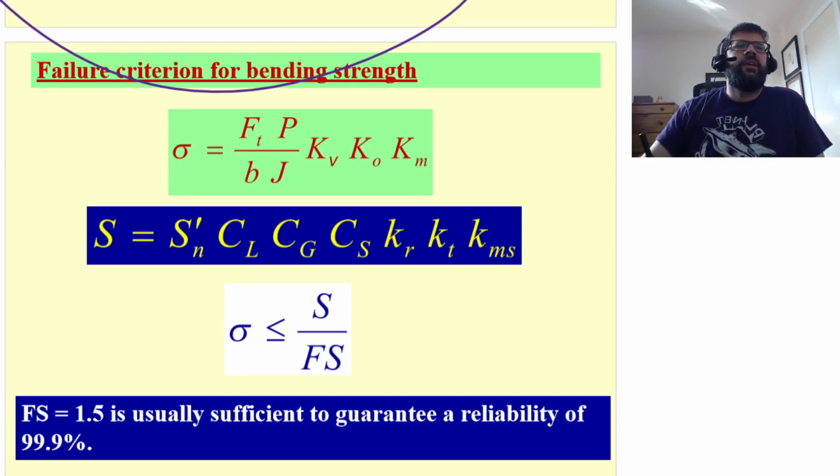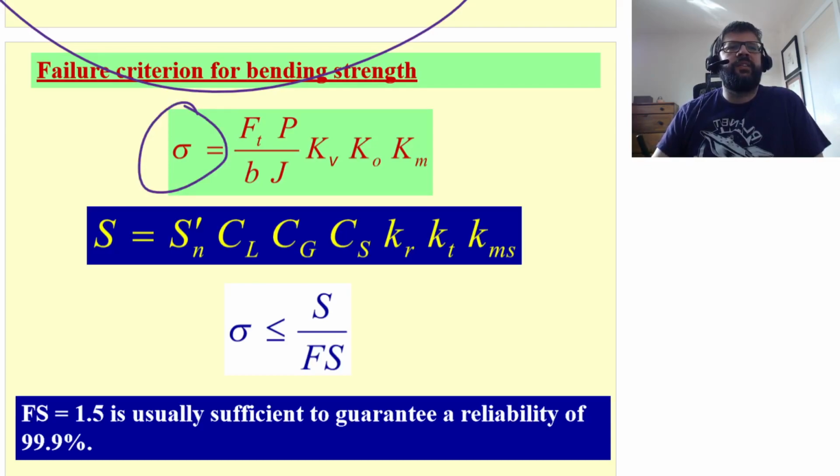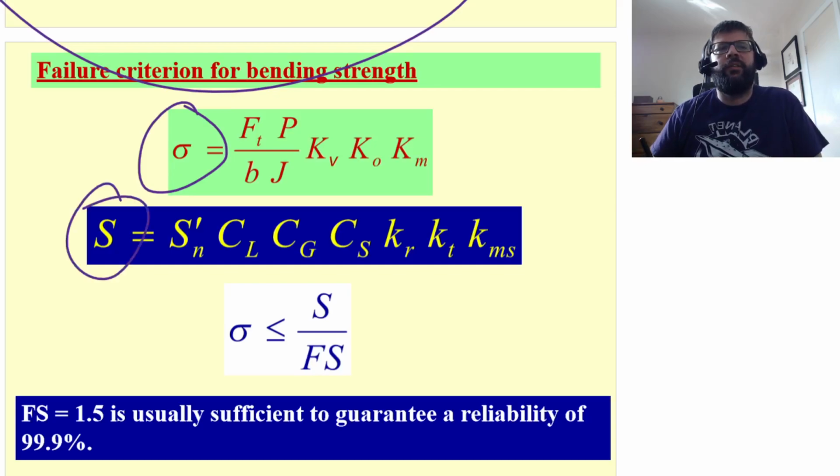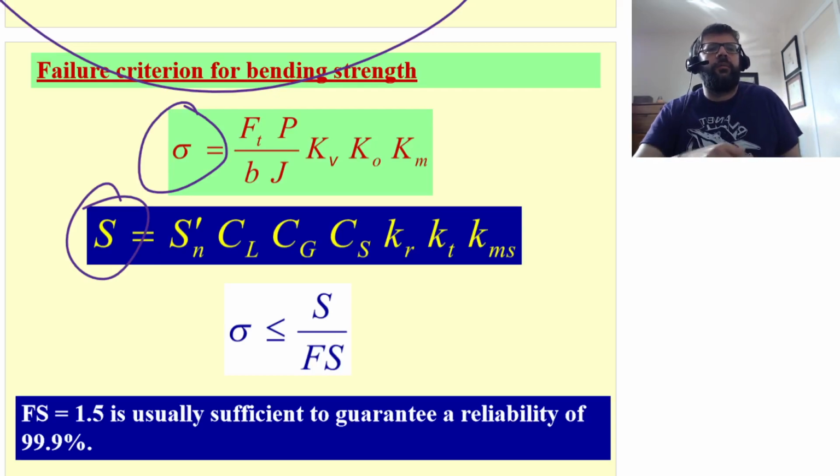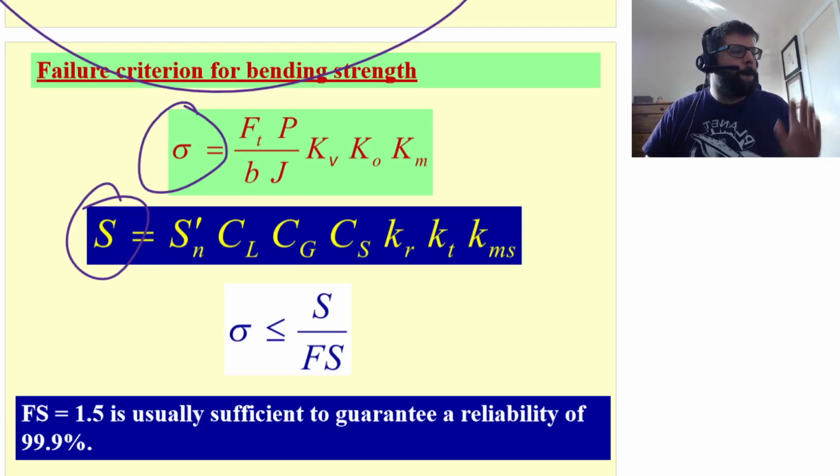So we take this, and that needs to be less than our strength value divided by our safety factor. 1.5 is typically sufficient to ensure a good reliability. So yeah, that is strength due to bending. We'll talk about contact stress in a bit.